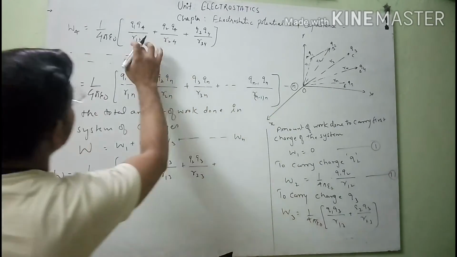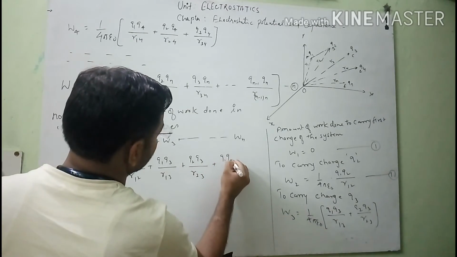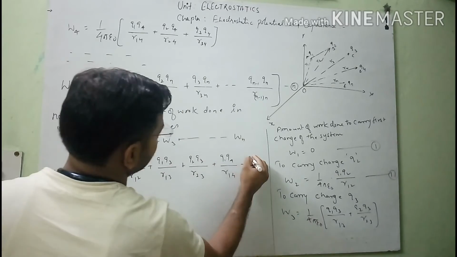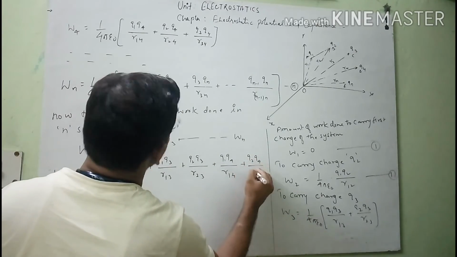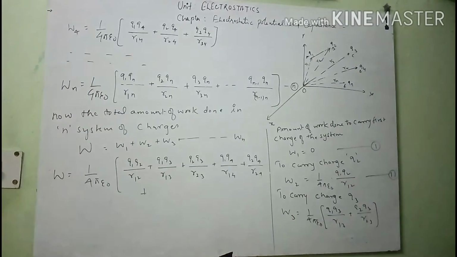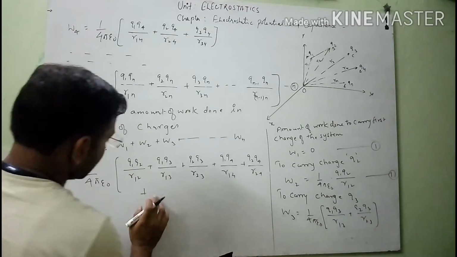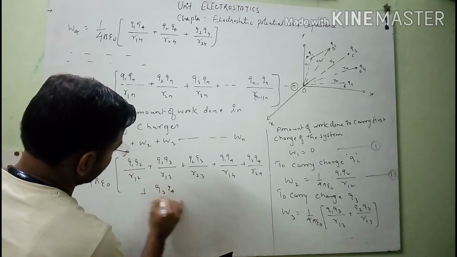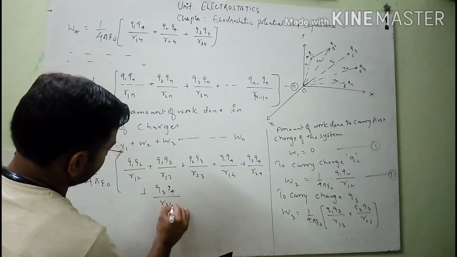After that Q1 Q4 over R14. After that Q2 Q4 over R24. After that Q3 Q4 over R34.